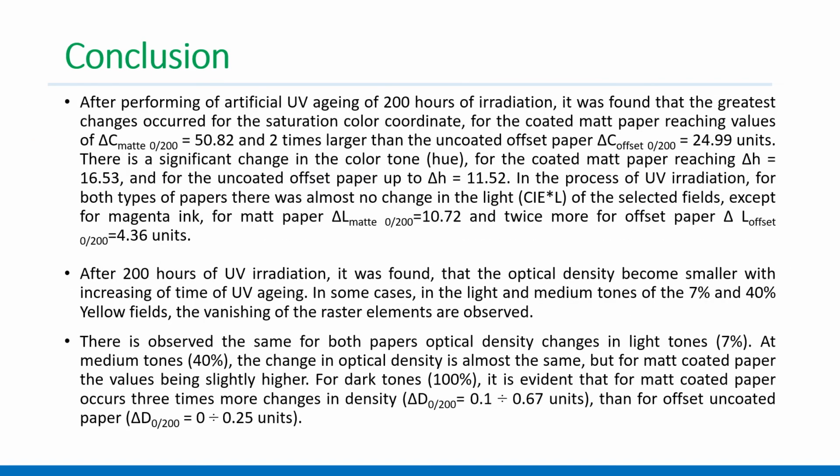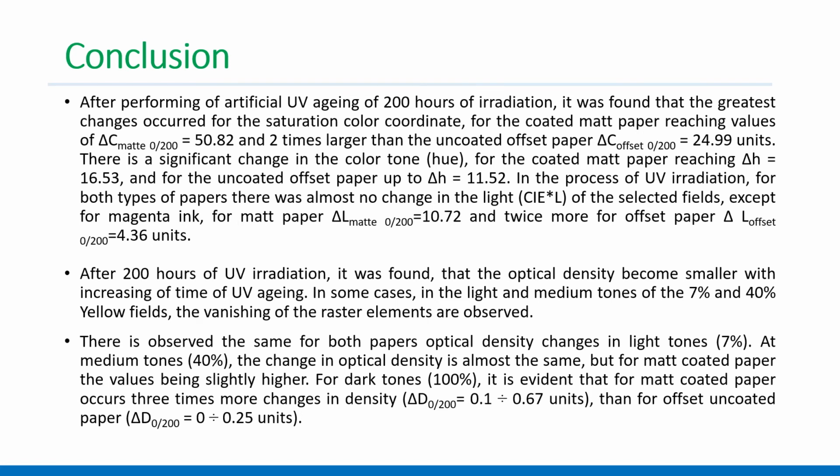The conclusions are that after performing artificial UV aging of 200 hours of irradiation, it was found that the greatest changes occurred in the saturation color coordinate for the matte paper, reaching values of difference in chroma about 50 points.